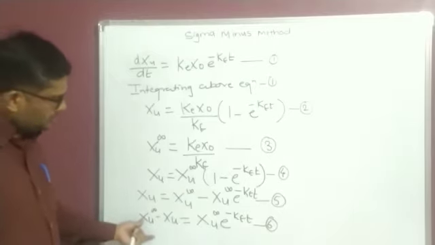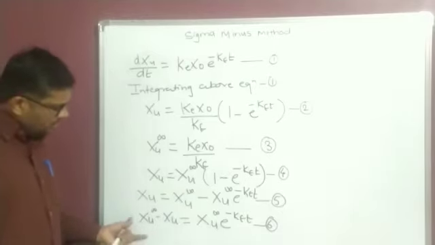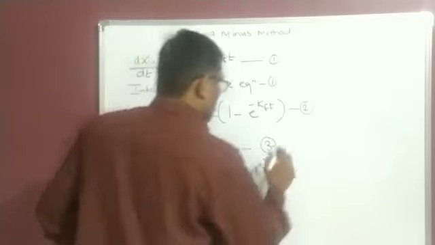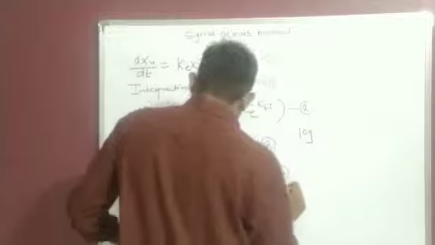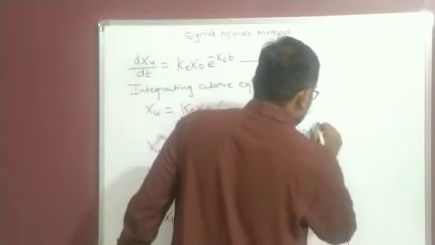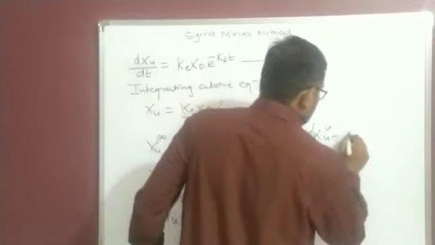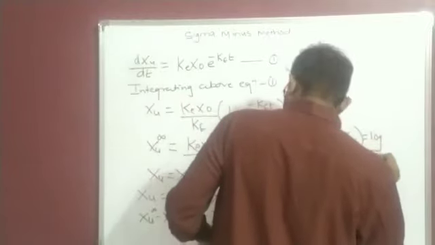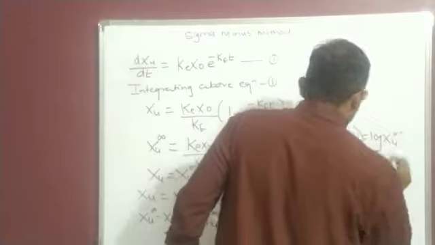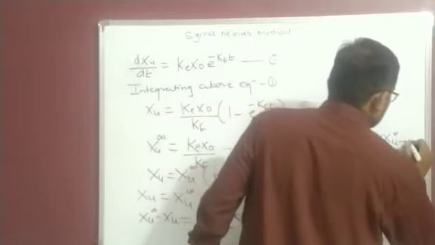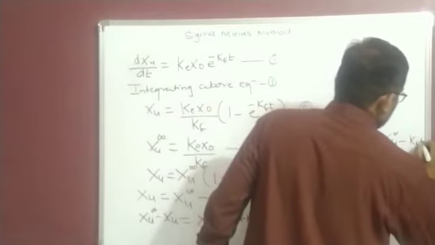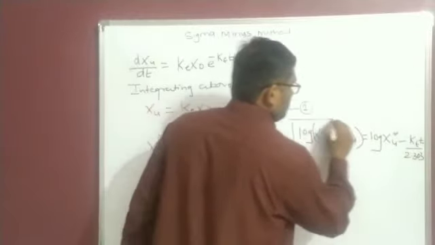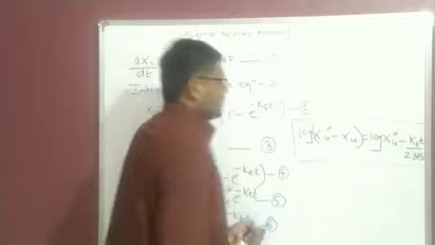Now you will apply the logarithm to this equation. You will get log of (Xu infinity minus Xu) is equal to log of Xu infinity minus ke t divided by 2.303.